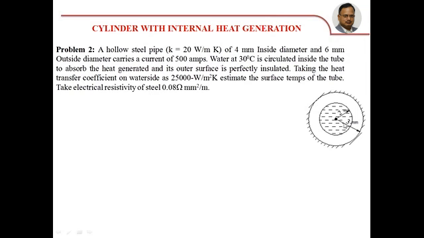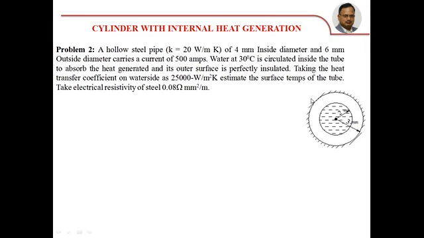Water at 30 degrees centigrade is circulated inside the tube to absorb the heat generated, and its outer surface is perfectly insulated. The heat transfer coefficient on the water side is 25,000 watt per meter square Kelvin. Estimate the surface temperatures of the tube. Take the electrical resistivity of steel as given.